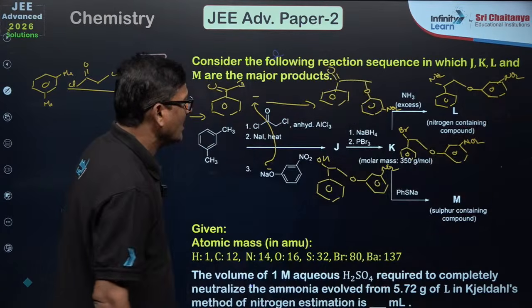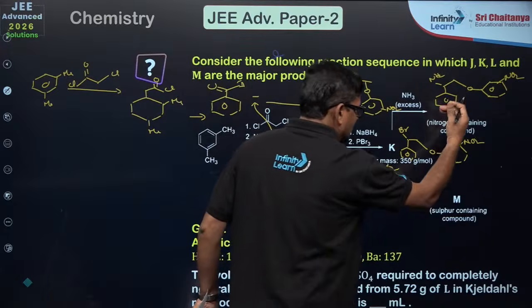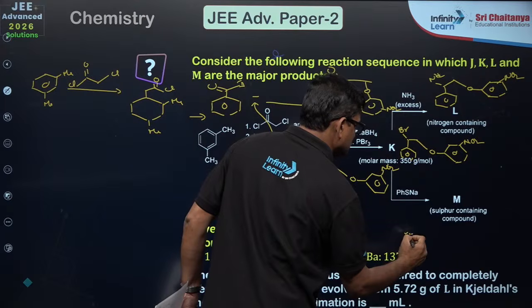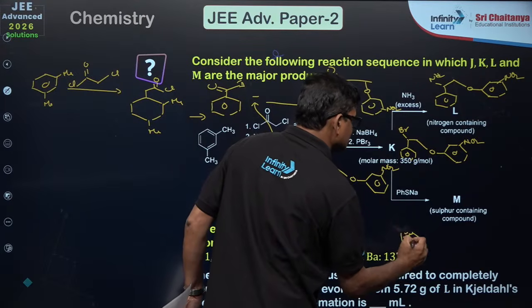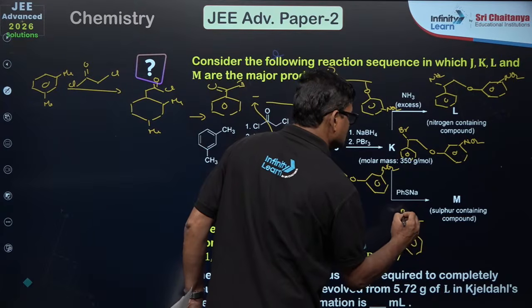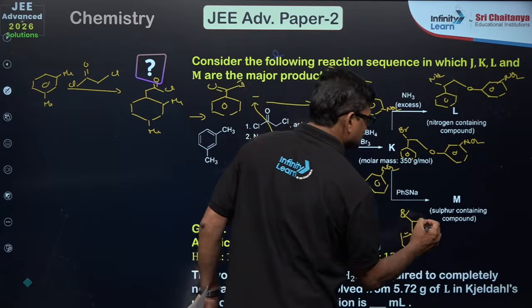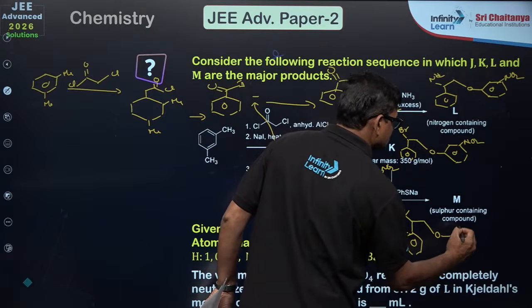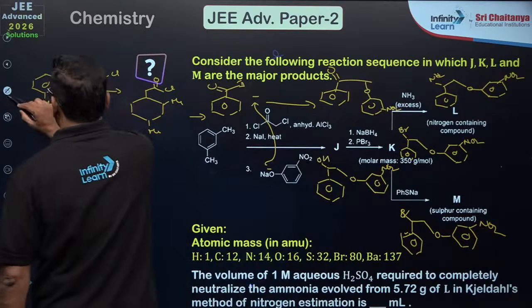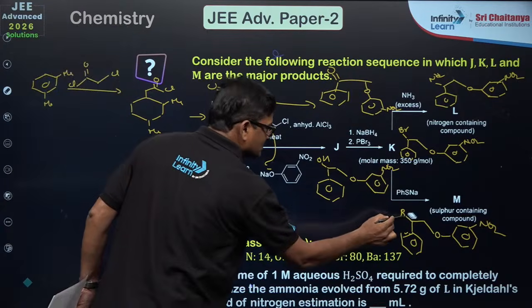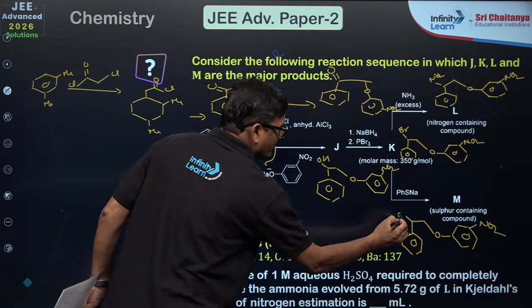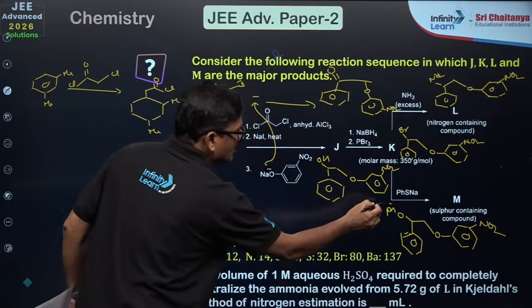Okay, and this is treated with PhSNa. Br, NO2. This Br is substituted with SPh. So now you have got everything.